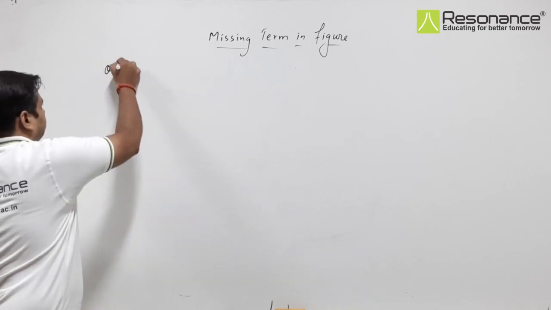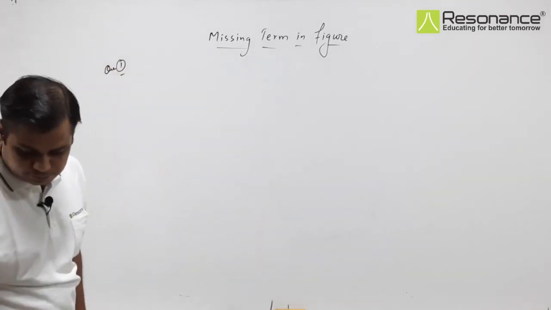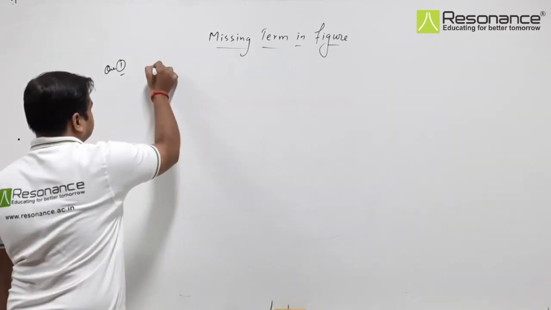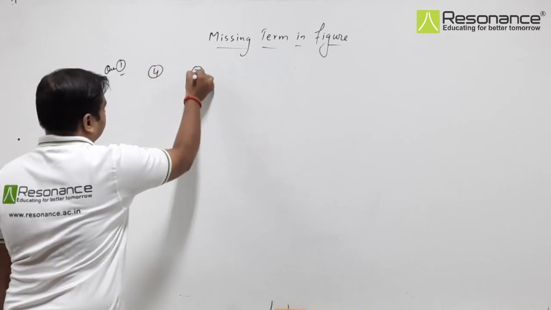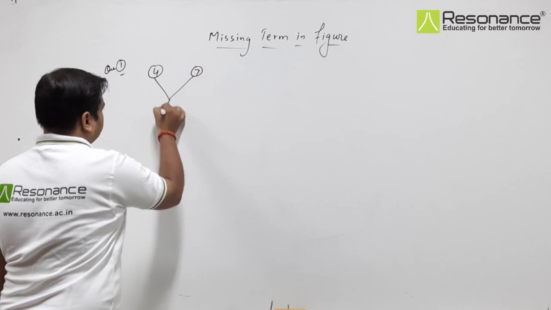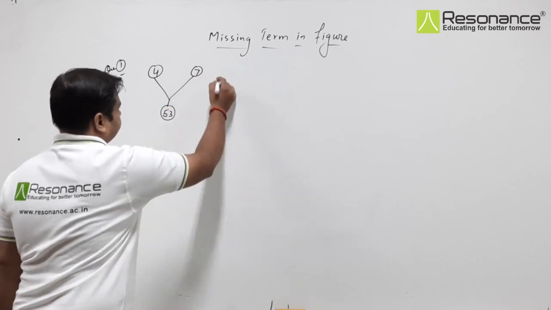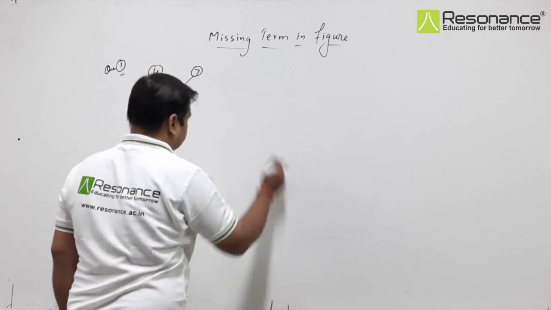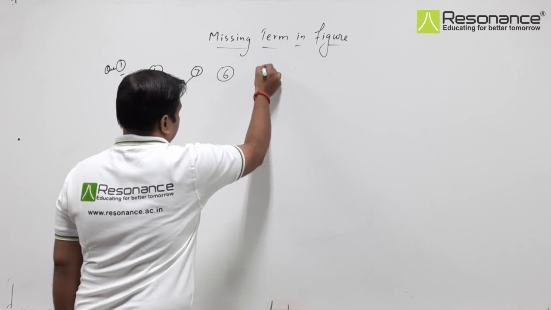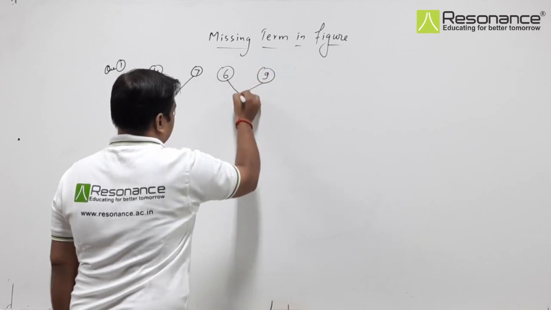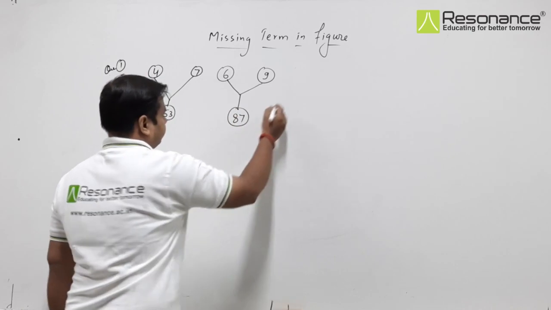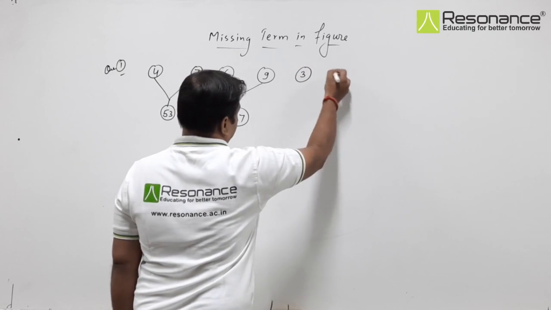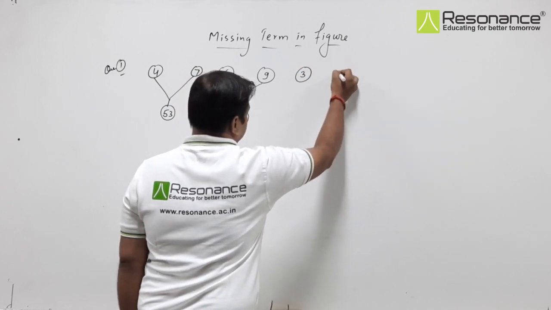So the first question: 4, 7, 53, 6, 9, 87, 3, 5.